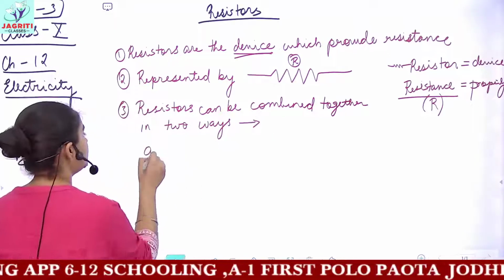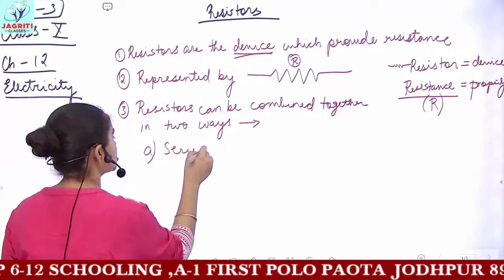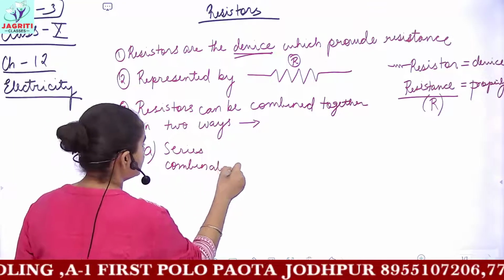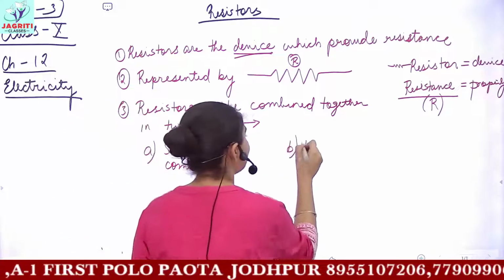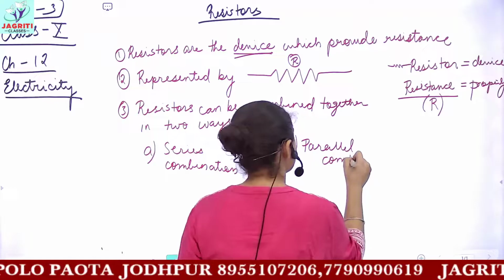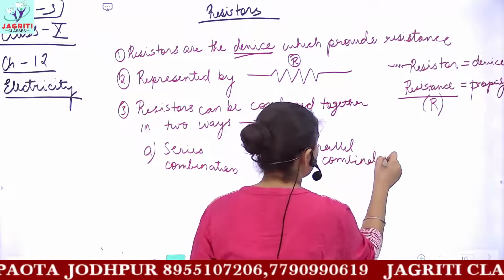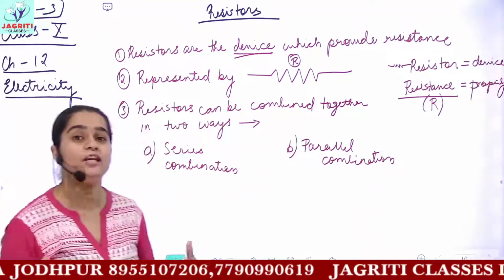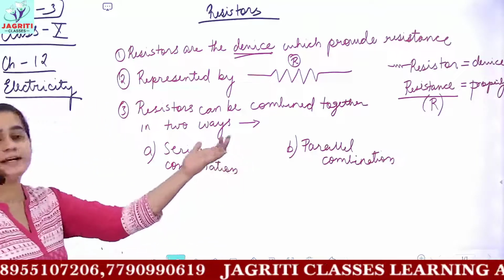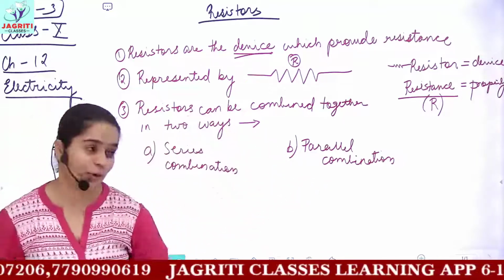The first one is a series combination or series arrangement, and the next one is your parallel combination. These are the 2 ways in which you can combine more than one resistor, okay? So now we'll be dealing with series and parallel combination.